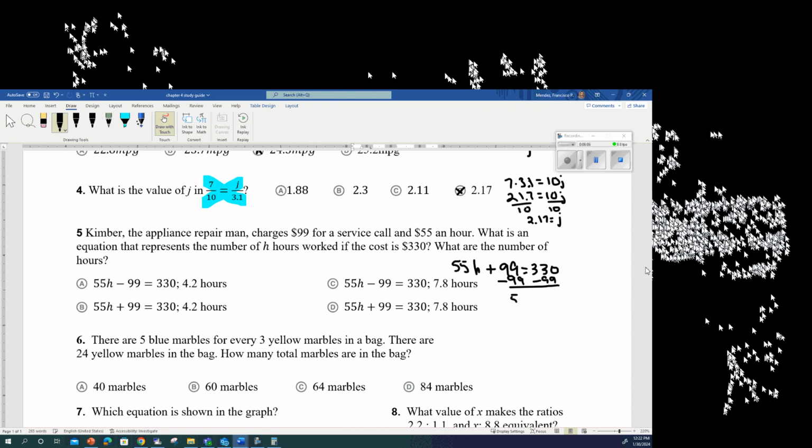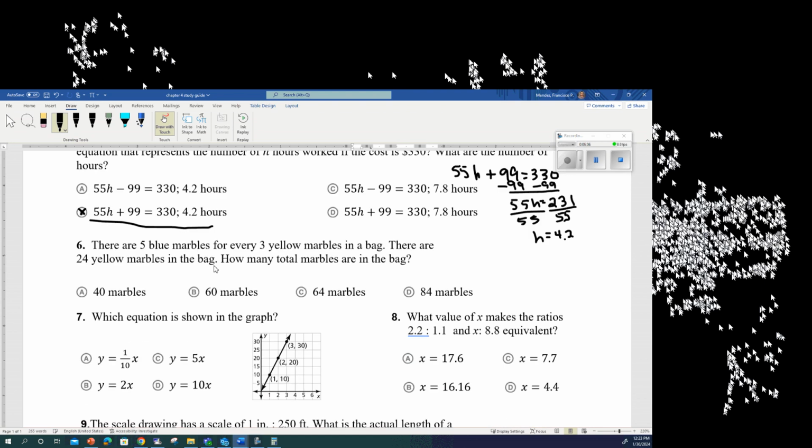This will give me 55H is equal to 231. And I will divide by 55 to get H by itself. 231 divided by 55 is going to give us 4.2. So this would be the correct answer, B.